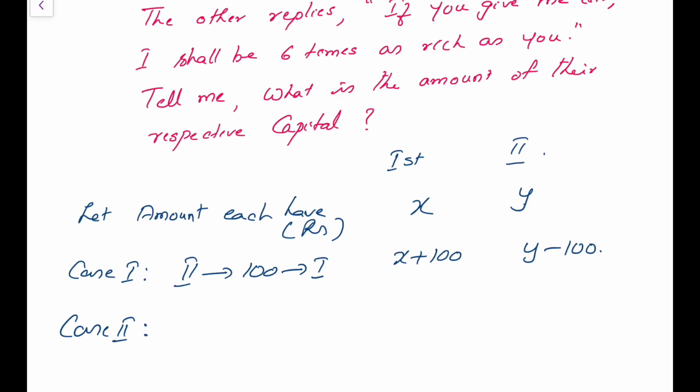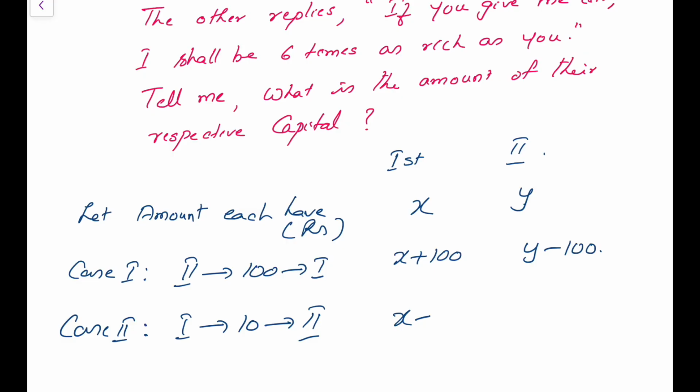Then the other replies. So the second person is telling, if you give me 10, the first person is giving 10 rupees to the second person. So X minus 10. These are two situations, so you have to subtract from X only, not from X plus 100.